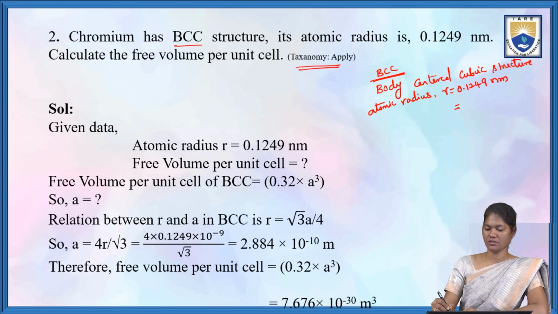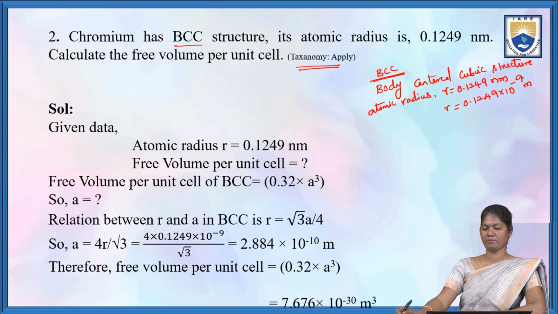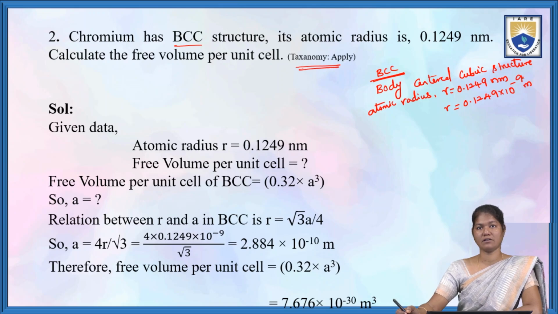So this one will be converted into meters. So 0.1249 into 10 power minus 9 meters.